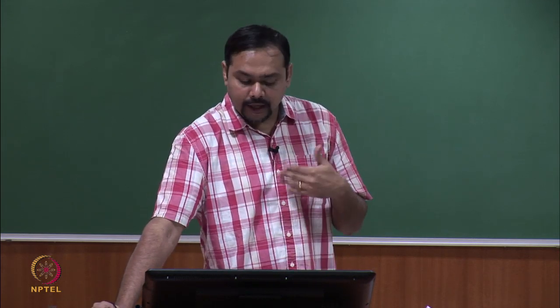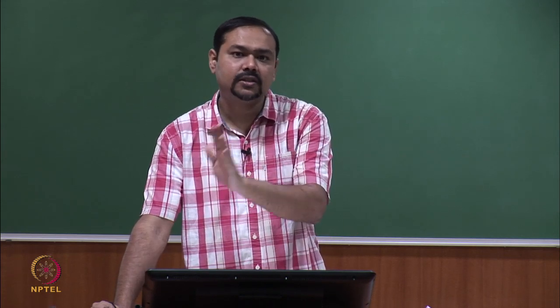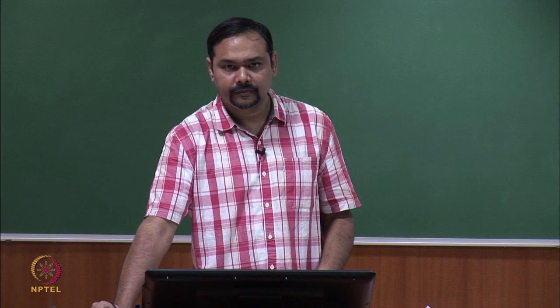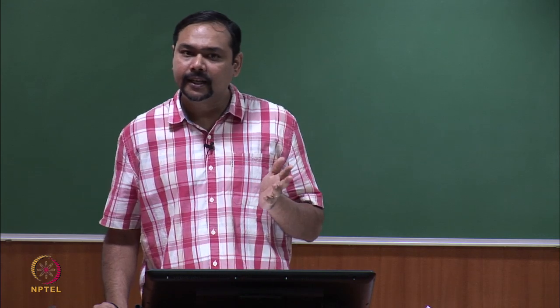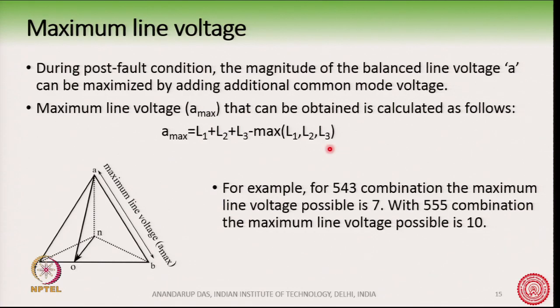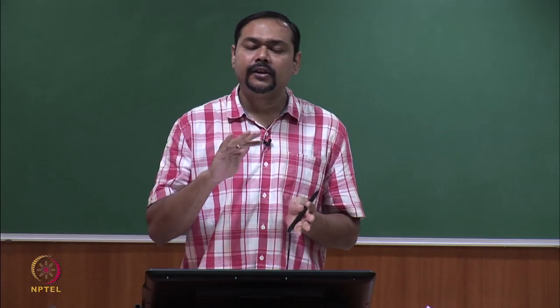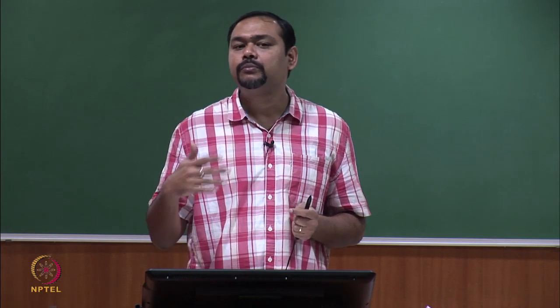So far we were talking only from the voltage point of view, but you can conclude that as we change the point O, the power flow through each of these three phases is getting changed. PAO, PBO, PCO, the power through A phase, B phase, C phase are getting changed because we are changing the position of O, and thereby VAO, VBO, VCO are changing. So, if one phase is giving more or giving less, you can redistribute, you can balance the power flow and do many things.